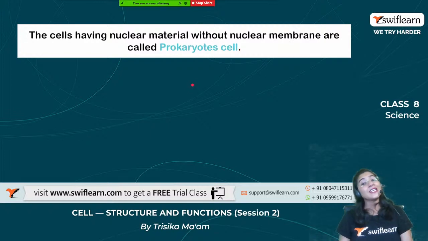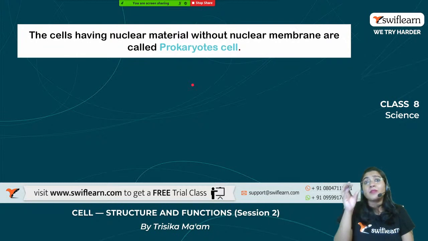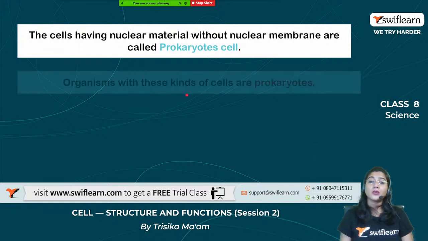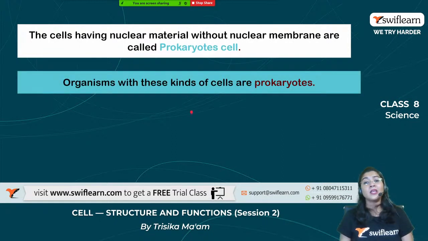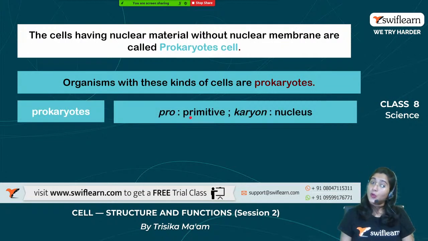Clear? So the cells having the nuclear material but not having a proper structure of the nucleus, the nuclear membrane, nucleolus, nuclear reticulum, properly nucleoplasm, this type of cells are known as the prokaryotic cells. The organisms having this type of cells are known as prokaryotes.